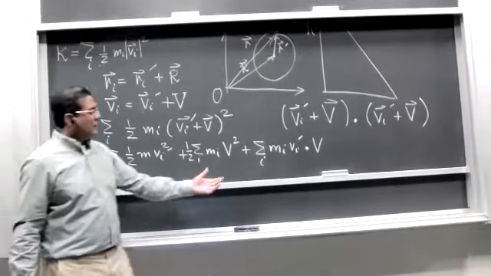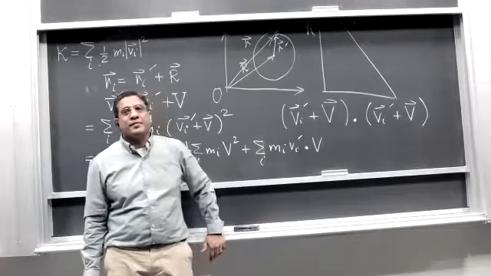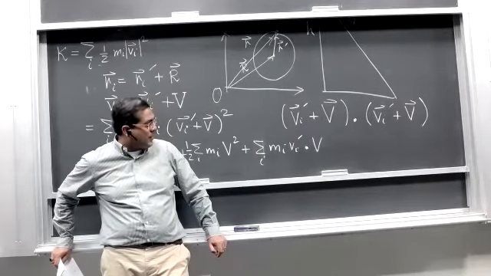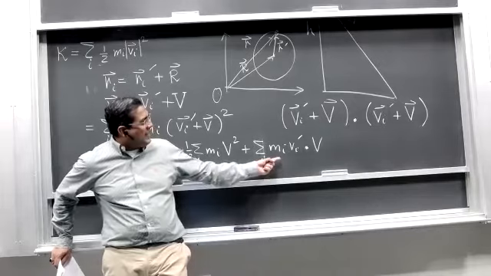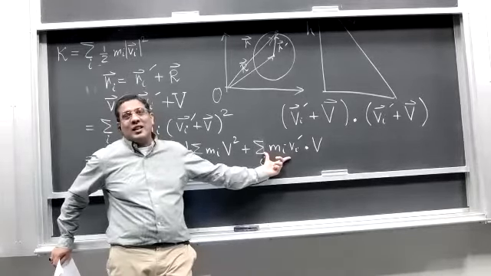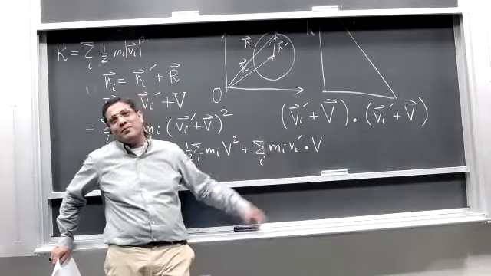So what is this now? By definition, isn't this the sum of momentum, I think? Yes, that's also true. But if you divide it by mass, isn't it the velocity of the center of mass in the center of mass frame?